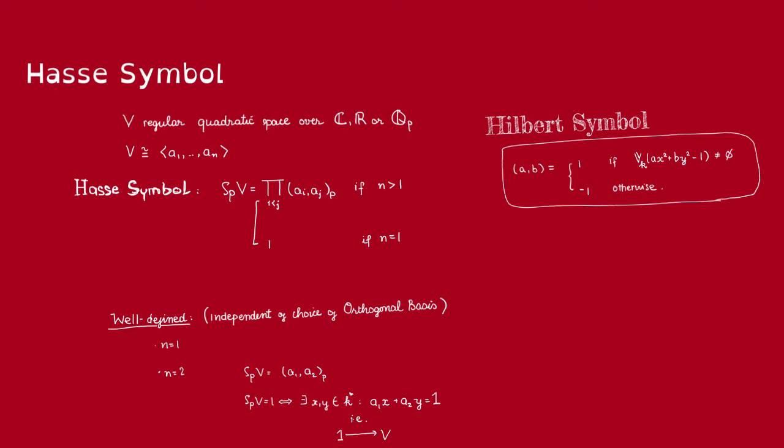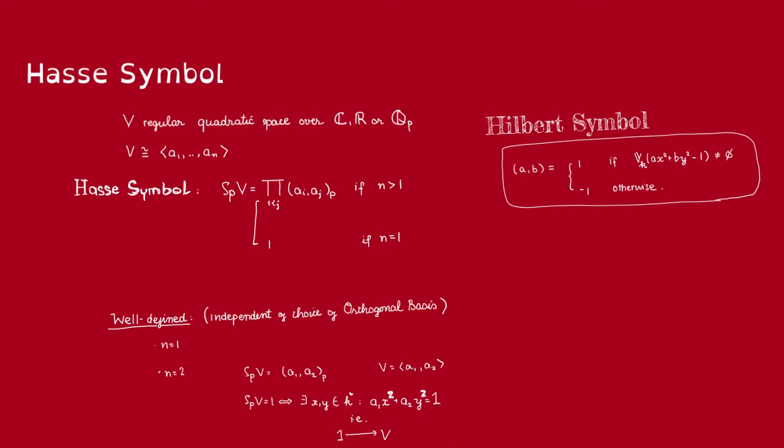Let's start by looking at the case when the dimension of V is equal to 2. In that case V is just <a1, a2>, and the Hasse symbol is just the Hilbert symbol applied to a1, a2. So the Hasse symbol can be either -1 or 1, and it's 1 exactly when the Hilbert symbol is 1, that is when this quadratic has a solution.